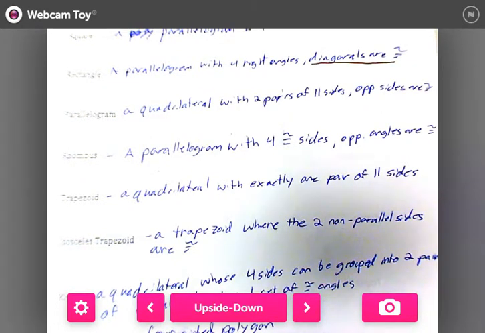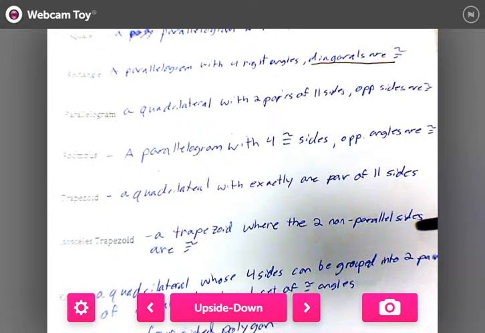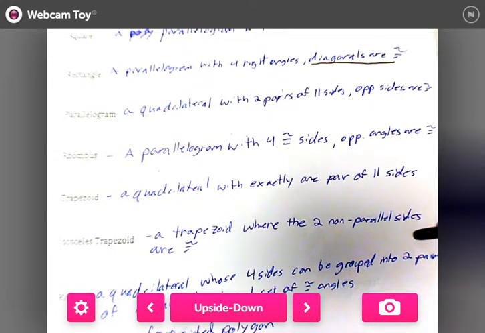A trapezoid is a quadrilateral with exactly 1 pair of parallel sides. An isosceles trapezoid is a trapezoid whose 2 non-parallel sides are congruent. 2 non-parallel sides.